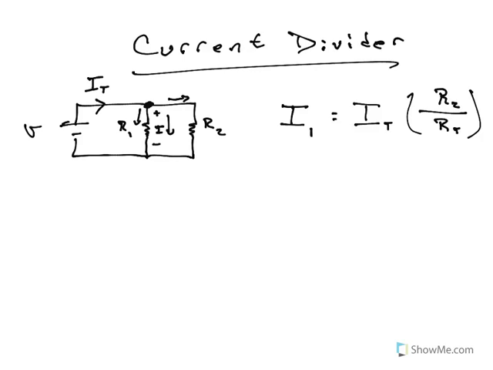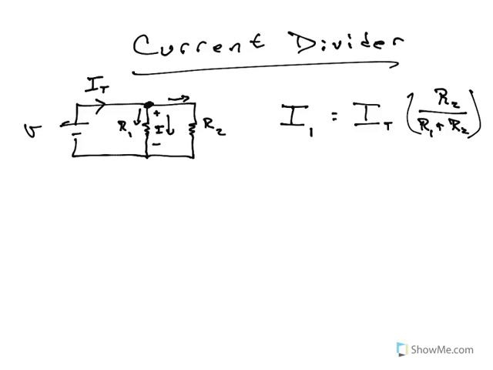Okay? And by the way, this R total is not like you're adding them in parallel. This is R1 plus R2. Okay, so the total current, we've got a 5 ohm and a 6 ohm. Well, the 6 ohm is harder to get through, so more should be going through the R1.